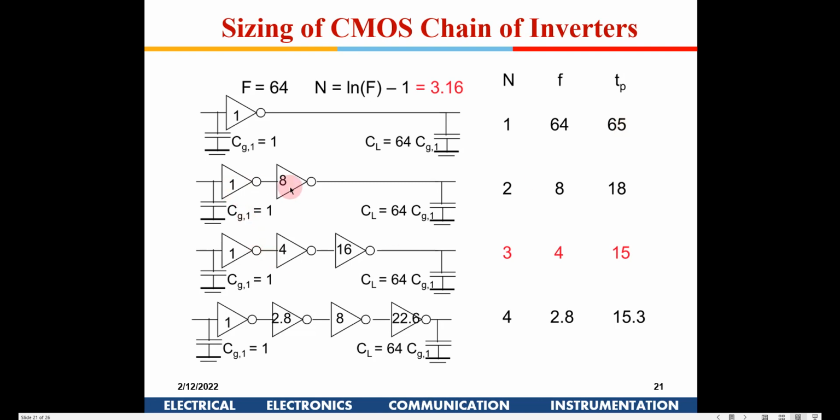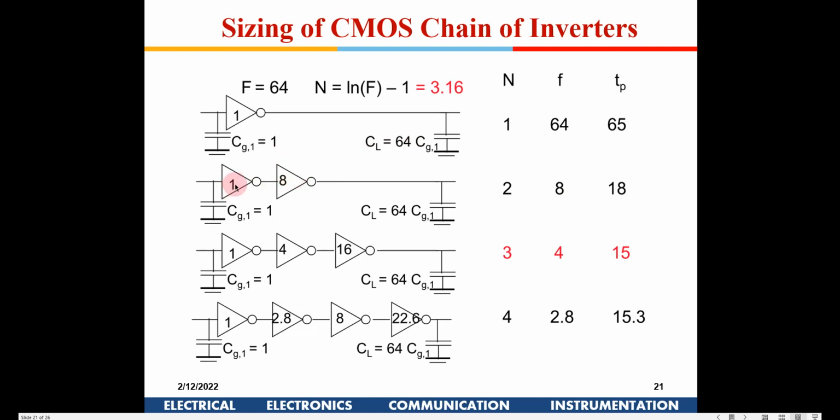Now if we had used n equal to 2, that is 2 inverters in cascade, then f comes out to be 8, because it is an 8 and then one more 8, giving 64. So this is geometrically progressing.